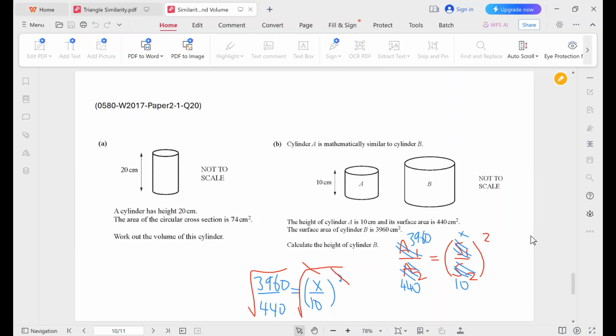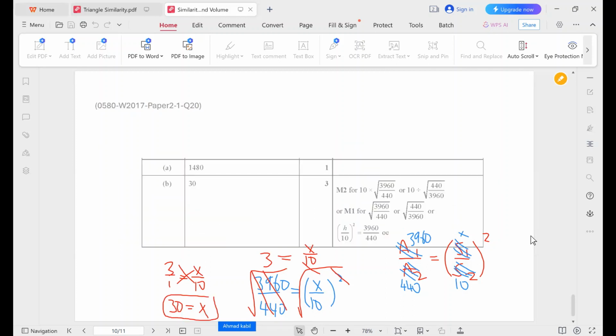So all of this here is equal to 3, and this is equal to x over 10. So let's cross multiply. 3 over 1 equals x over 10. Cross multiply, you get x equals 30. And that would be the final answer for question B.